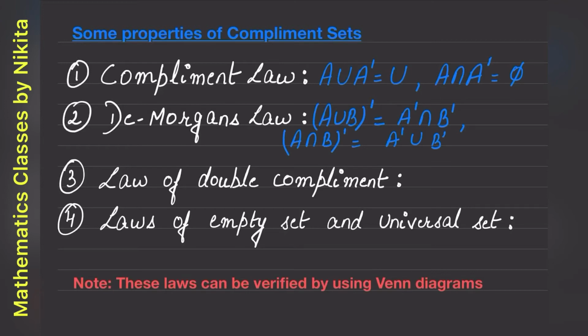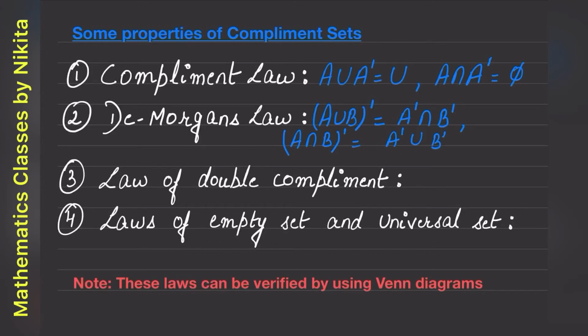So basically you can note that here the union converts to the intersection, and here the intersection converts to union. So this is how you can remember. So this says that complement of the union is equal to intersection of the complements, and this part says complement of the intersection is equal to union of the complements.